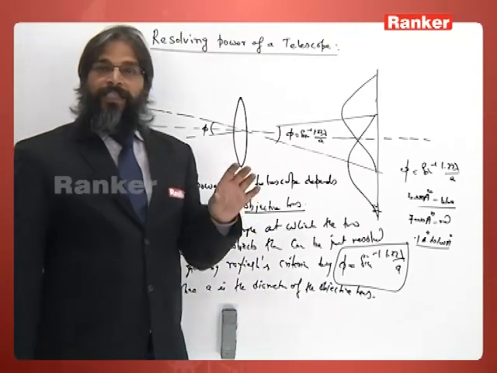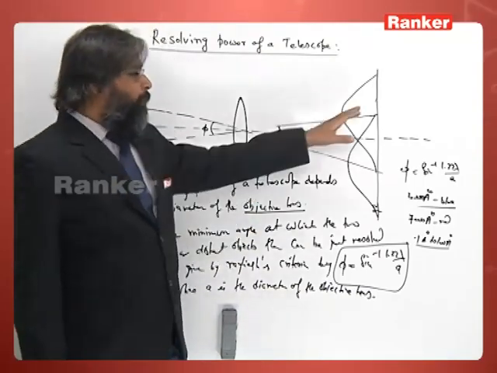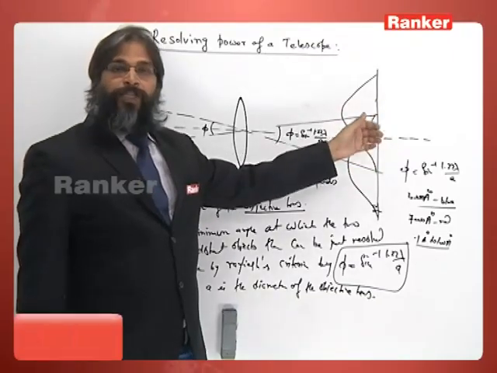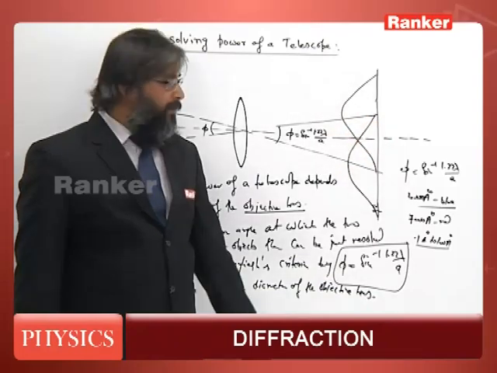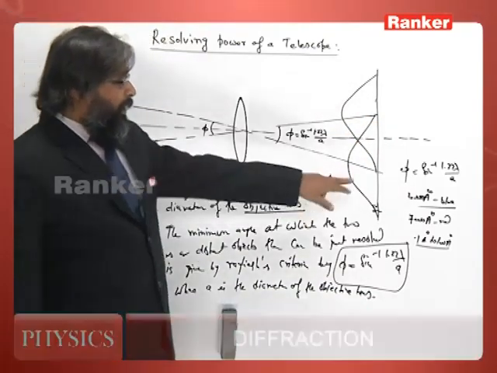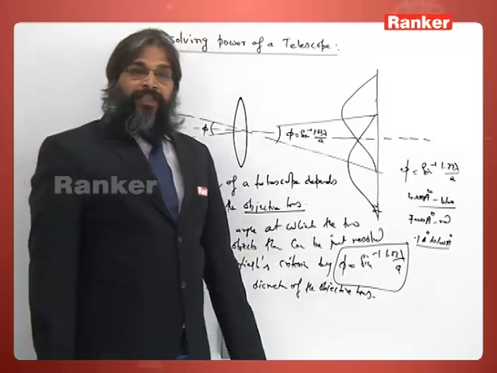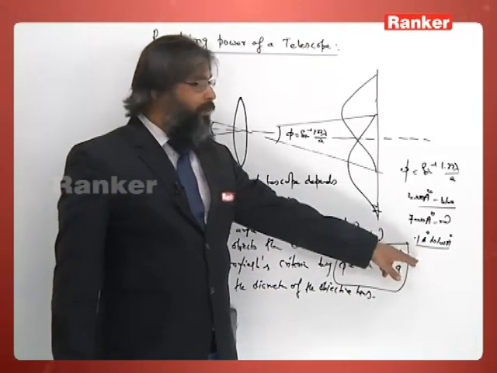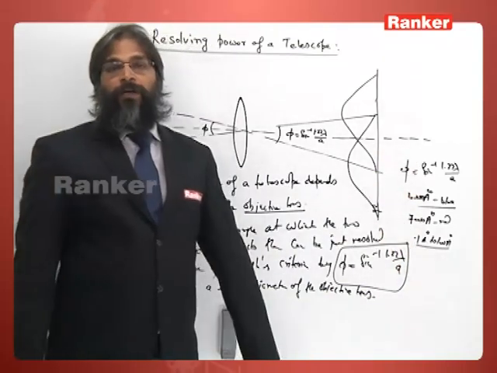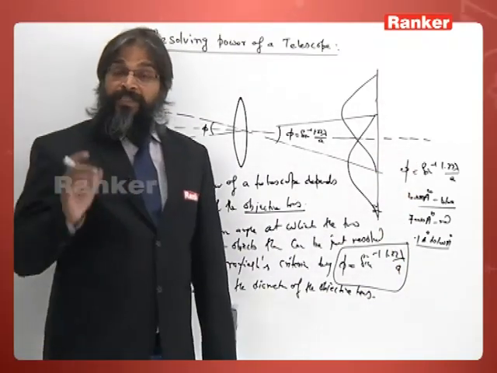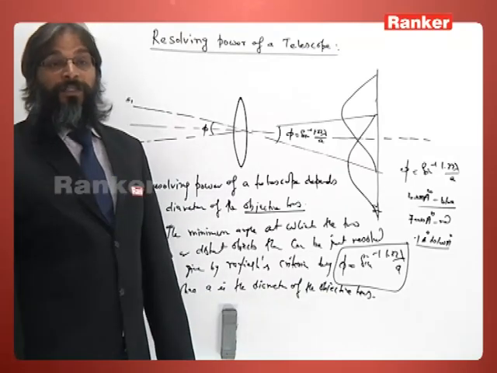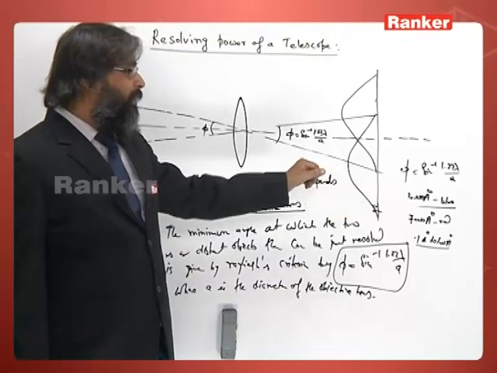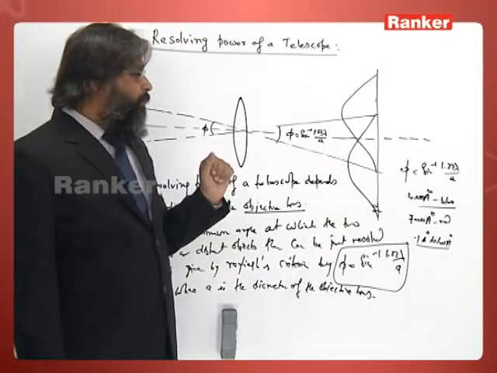But you see, we can't see through X-rays. So in place of the eye, we have to use electronic detectors. Now if I use gamma telescopes, there we can reduce the wavelength further, so the resolving power of X-ray and gamma telescopes is very large, thousands of times larger than an optical telescope.